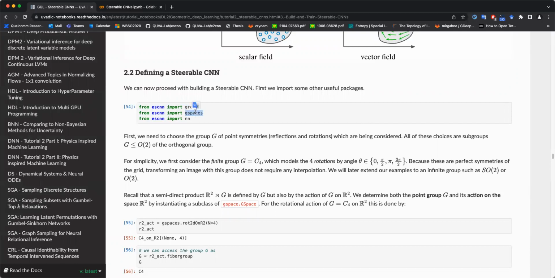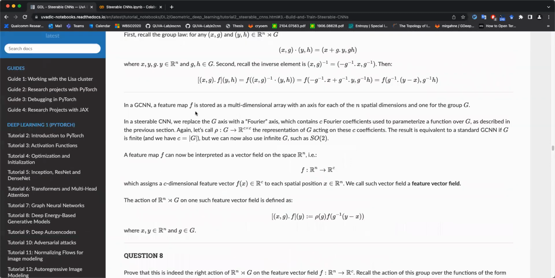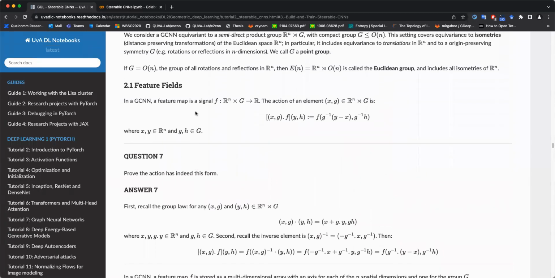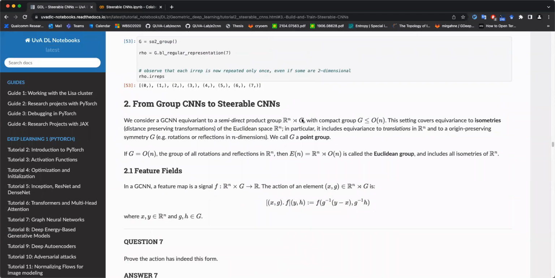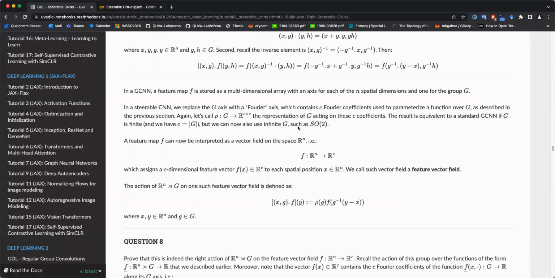G-spaces is basically a sub-package that models the full group that we use, because we don't want to be equivariant only to rotations. We are usually equivariant to rotations G and some translations R^n. So a G-space is the space R^n with the action of G on top of it. For example, it would be E(n), if you want to give it a more precise name.